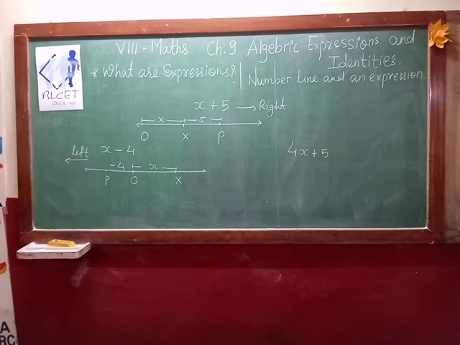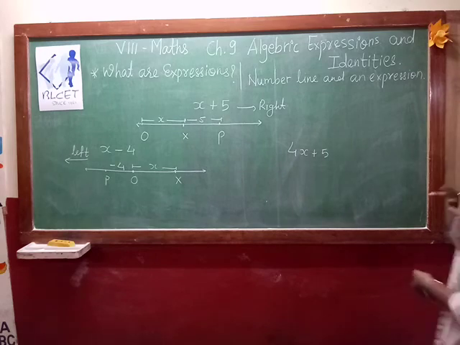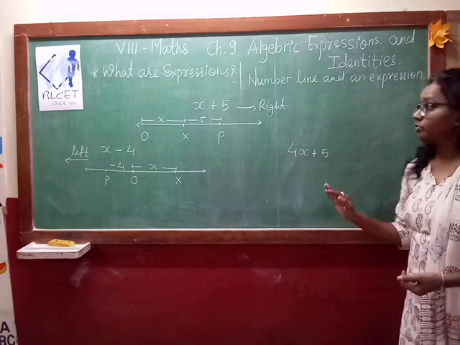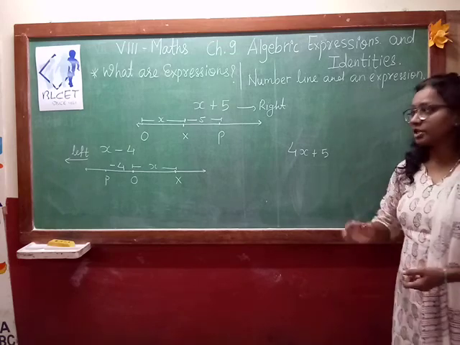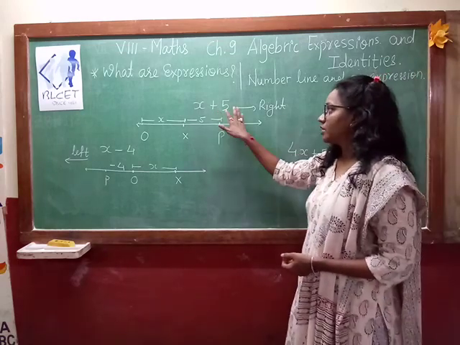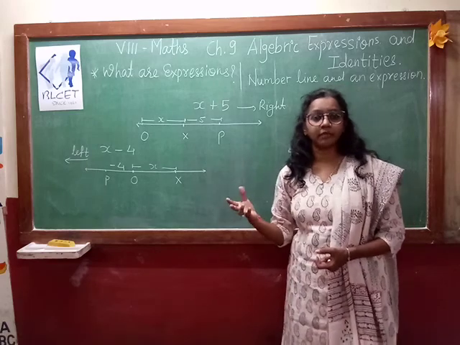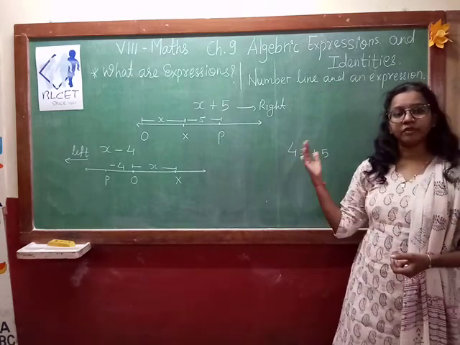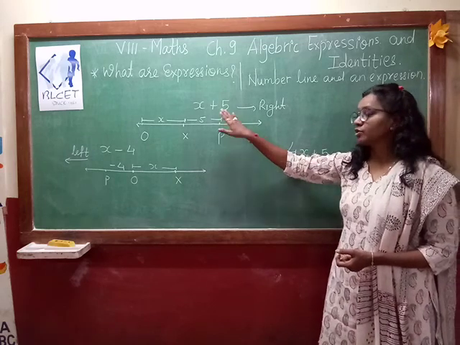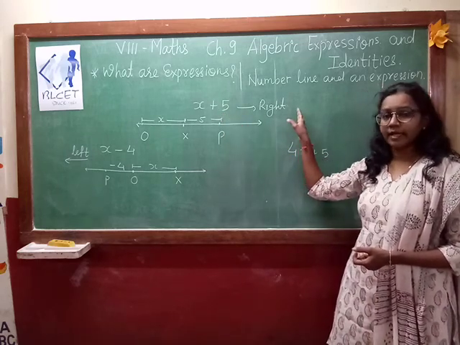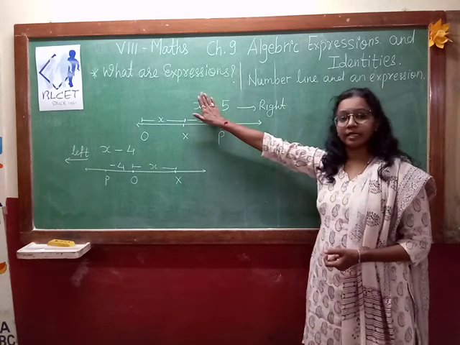I have drawn two number lines to understand the concept of number line and an expression. Suppose you have an expression x plus 5. Whenever you add something to a number, and you want to do that with the help of a number line, addition means you have to move in the right direction. First you have to consider the given number.